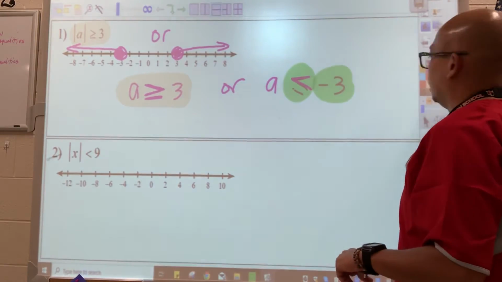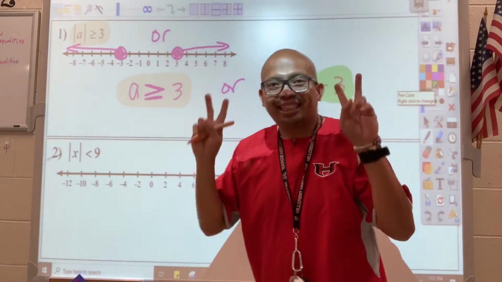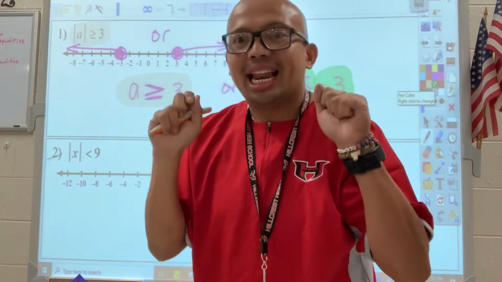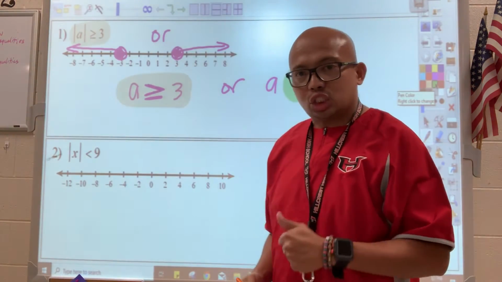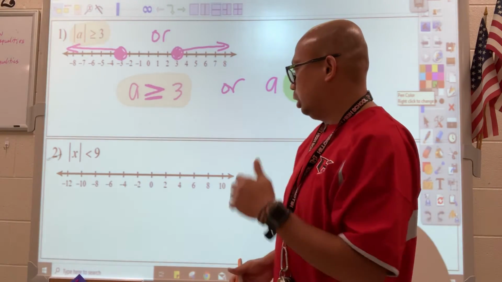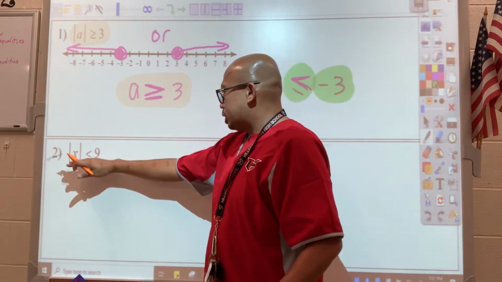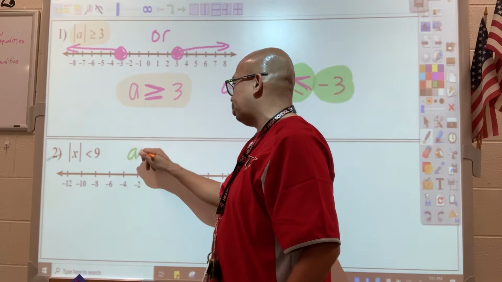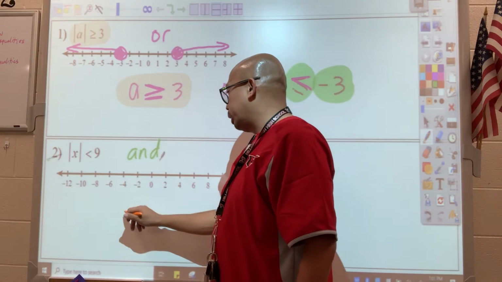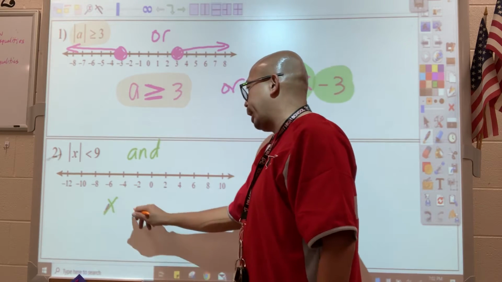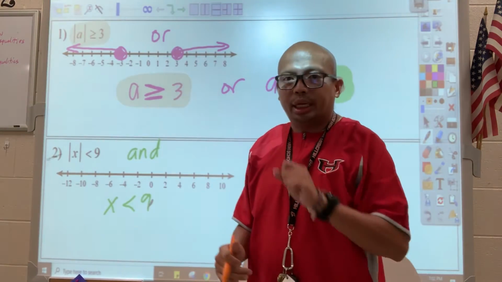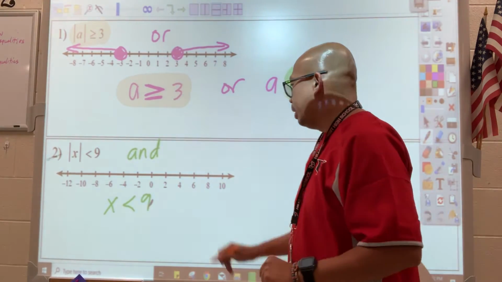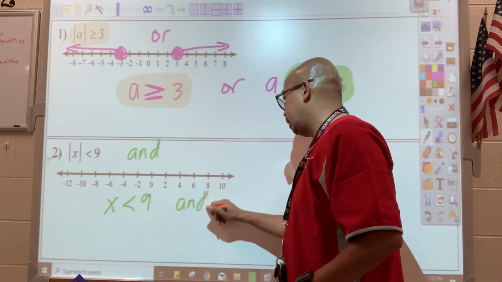For number 2, x less than 9, an and statement. An and statement means we're looking for the intersection, or the conjunction. Since this is less than, it's an and problem, so we're going to do the same thing. X less than 9, I copy the problem excluding the absolute value, and I will write the word and here.